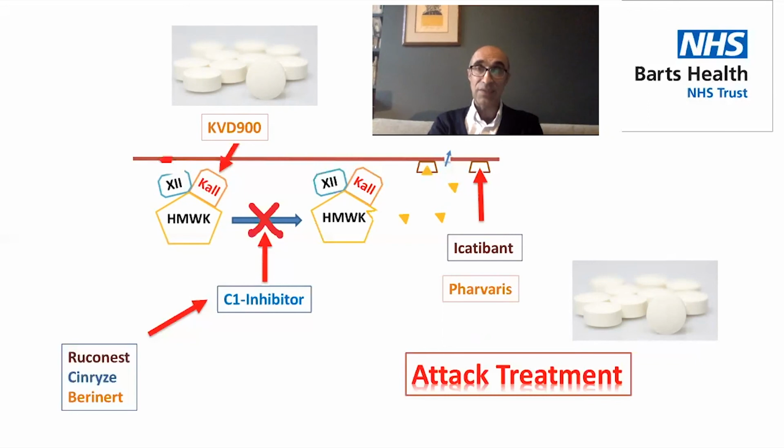The trial is finished now, but there's going to be a new phase next year. The special thing about this drug is that once you take it, it very quickly builds up to its maximal levels in the blood, so it's very fast. Hopefully, if you take it early enough, it could stop attacks.